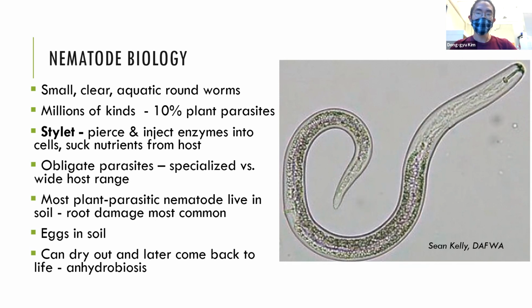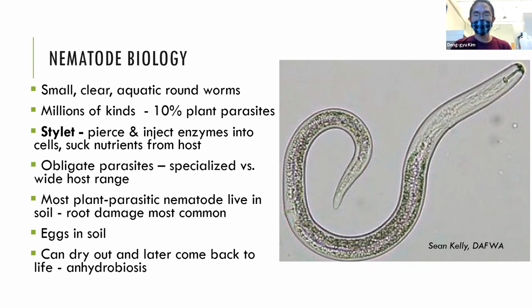And even though there are some nematodes that do live in the rivers and oceans, they're just generically known as aquatic because wherever there is a hint of water present, these nematodes have been found.